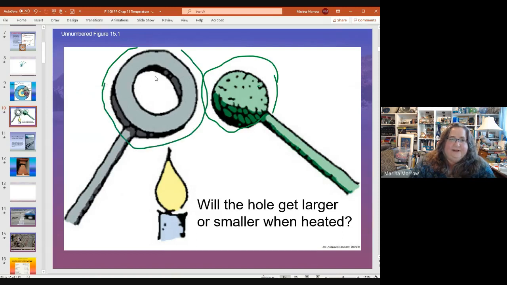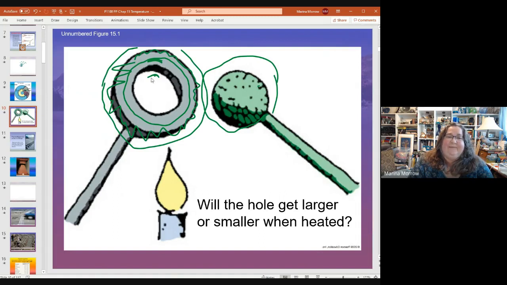Is the hole going to get smaller, or is the hole itself going to get larger? Well, it turns out that surprisingly, the hole gets larger because this whole ring will expand, and that includes the hole. So what happens is that the metal material is expanding out like this, and so the hole actually gets larger also.